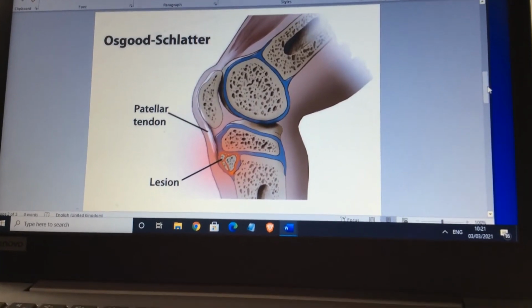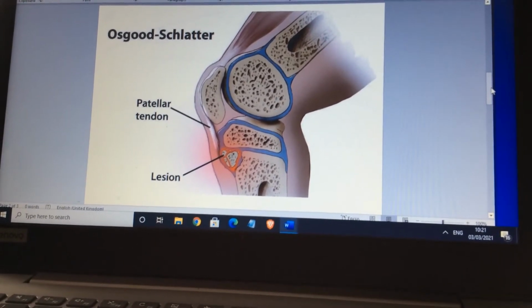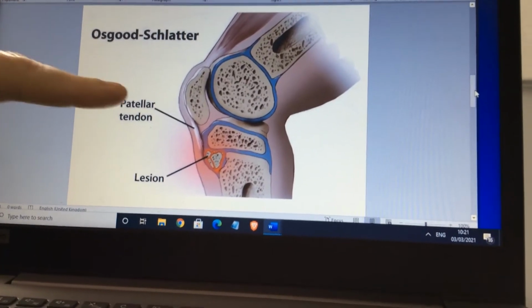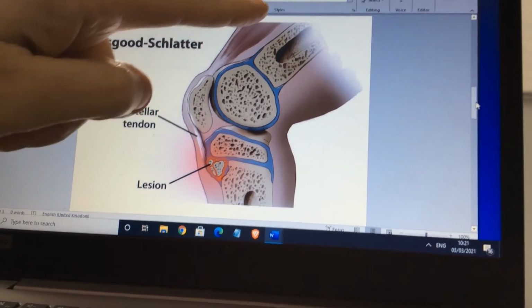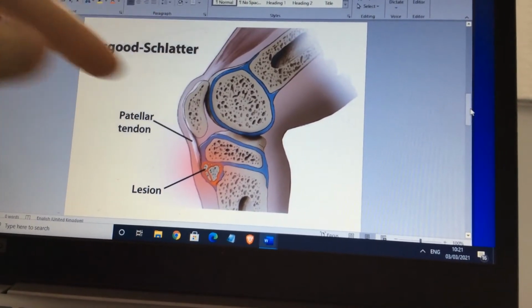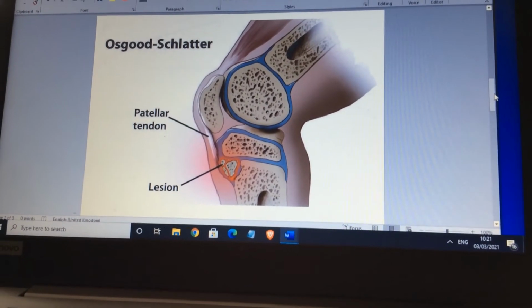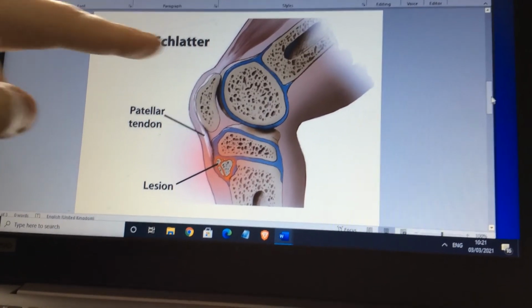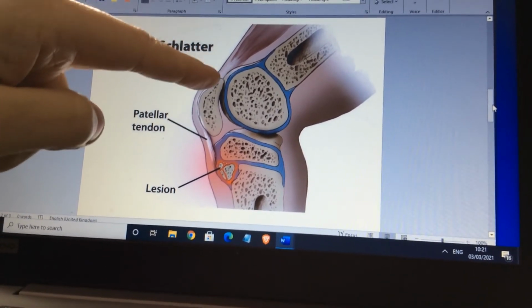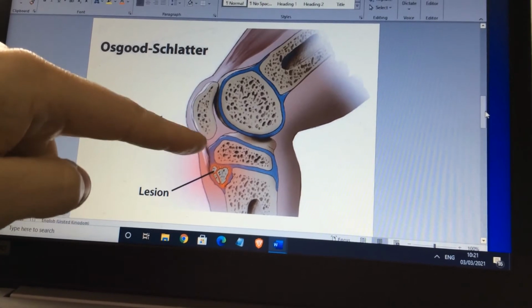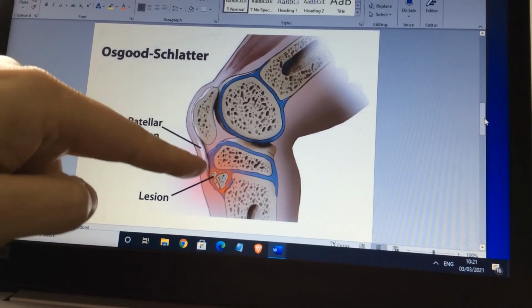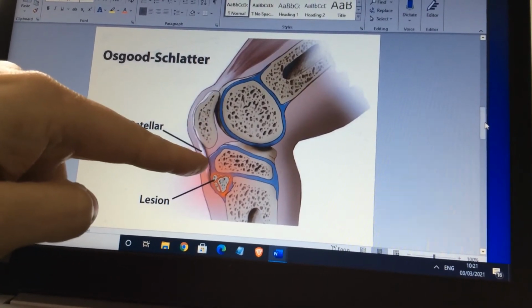As we've just said, if the quadriceps muscle, the one that runs up the front of the thigh, is tight, then that is going to pull on the patella tendon that runs from the kneecap.